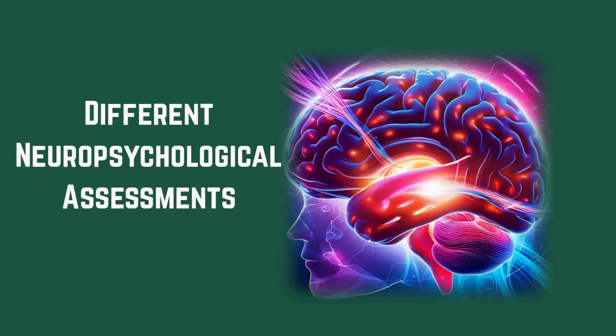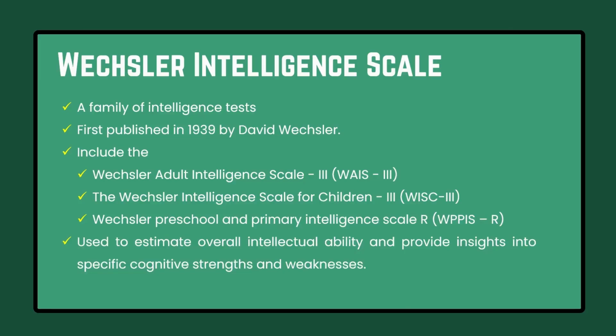Let us now look at the different neuropsychological assessments that are used by psychologists. The first one we have is the Wechsler Intelligence Scale. You might see the spelling, but when you say it, it is said as Wechsler. Okay, it's Wechsler Intelligence Scale.